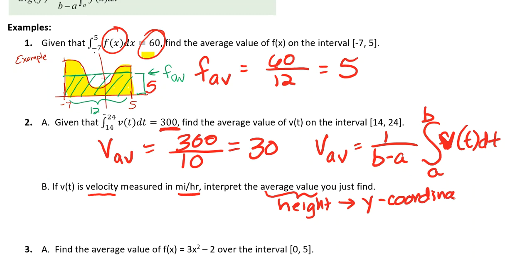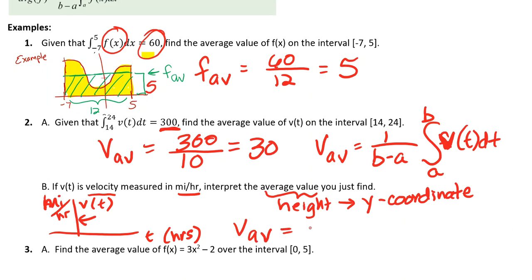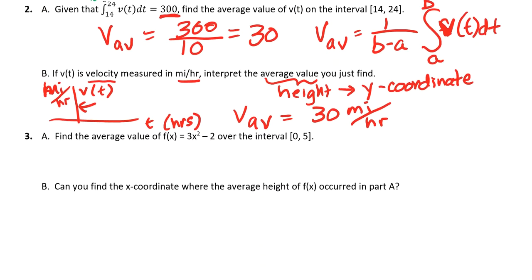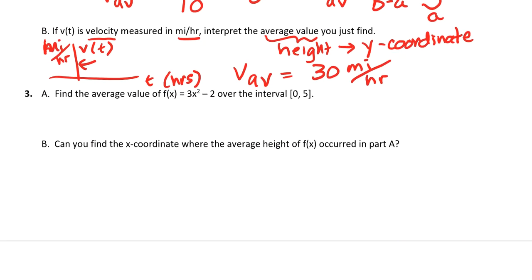In a velocity graph, our x-axis becomes t, time, in hours, and our velocity is measured in miles per hour. So our average height is a y-coordinate. Our v average in this case would be 30 miles per hour. So this is one more way to find an average velocity.